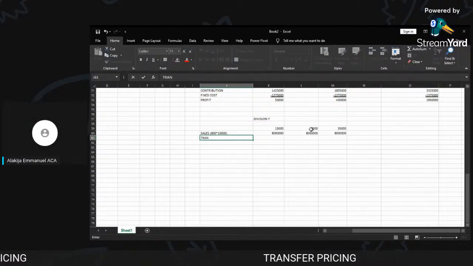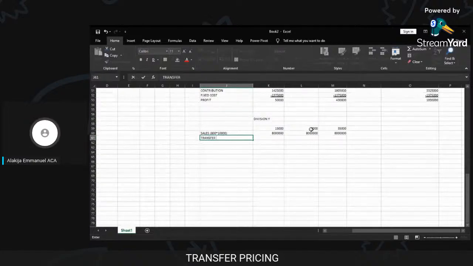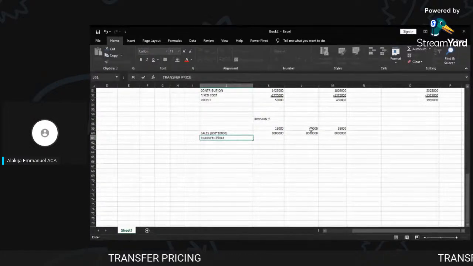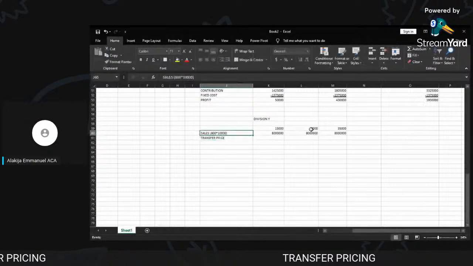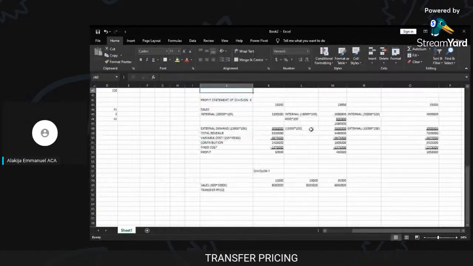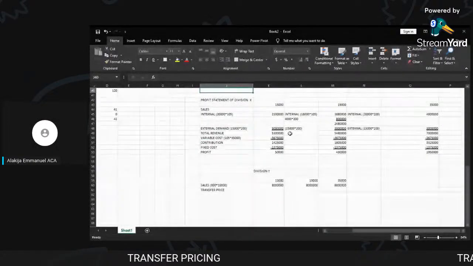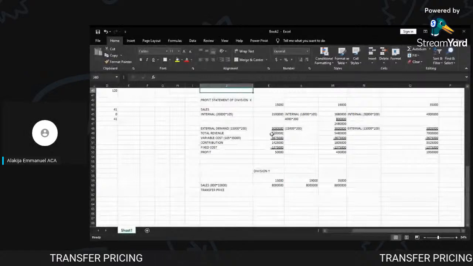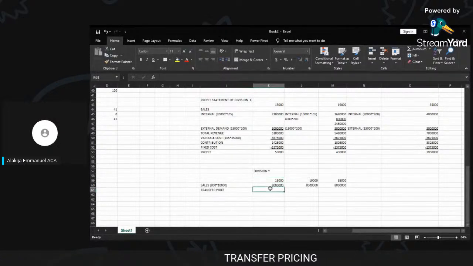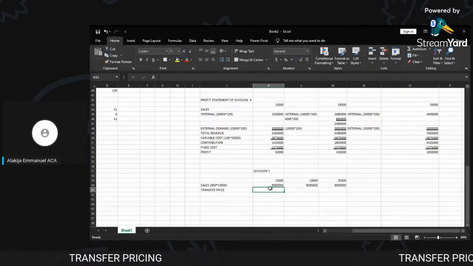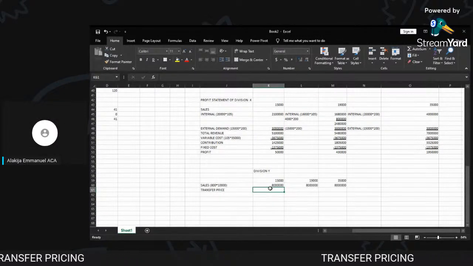So transfer price. The transfer price you have gotten serves as revenue in division X, and division Y is going to see it as cost for the buying division. What is revenue for the selling division will be cost for the buying division.